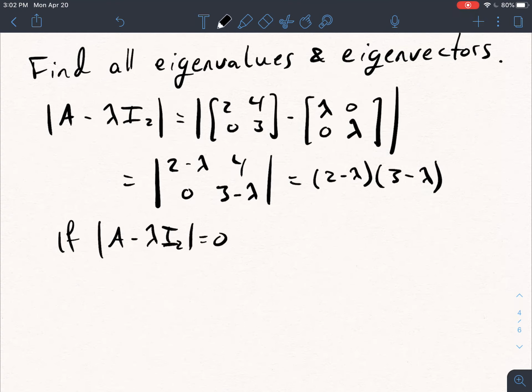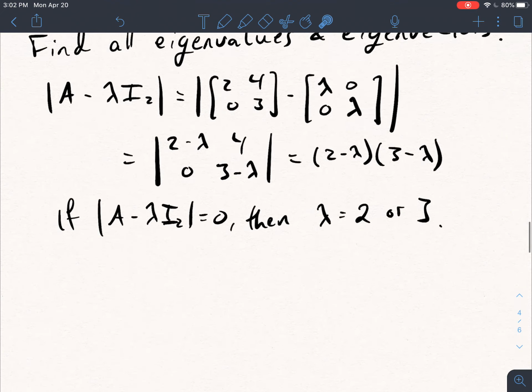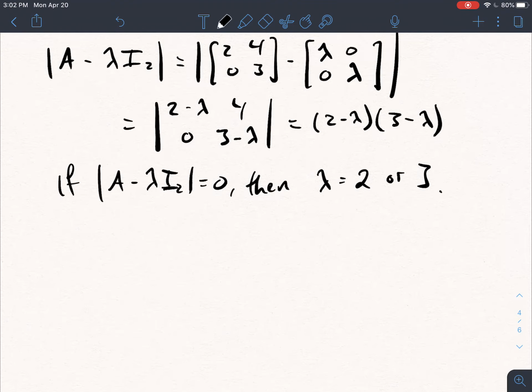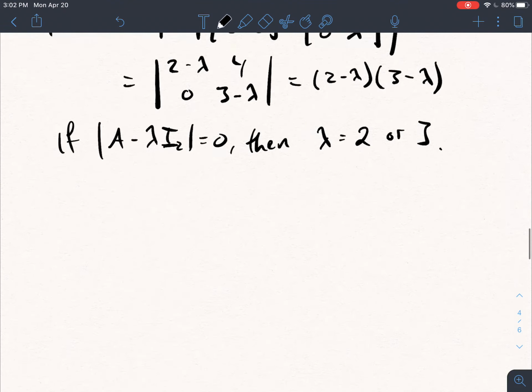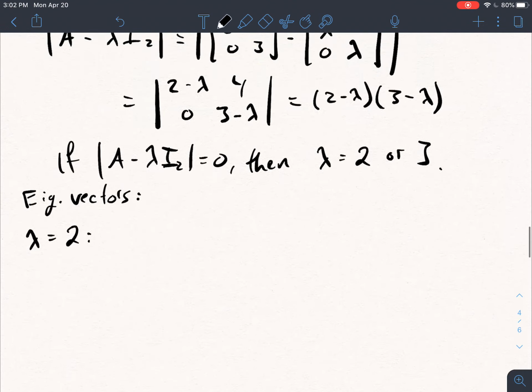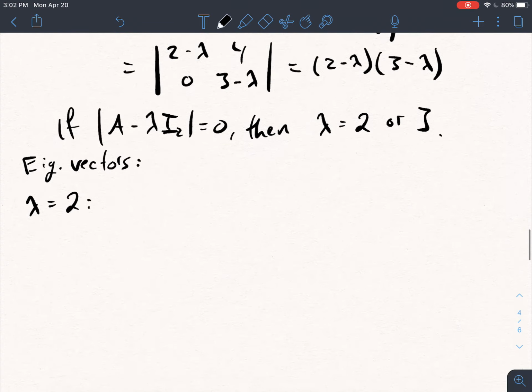So if the determinant of A minus lambda I2 is equal to 0, then we see that lambda is equal to 2 or lambda is equal to 3, because one of these two factors has to be equal to 0. Okay. So now let's find eigenvectors. So let's do lambda equals 2 first.